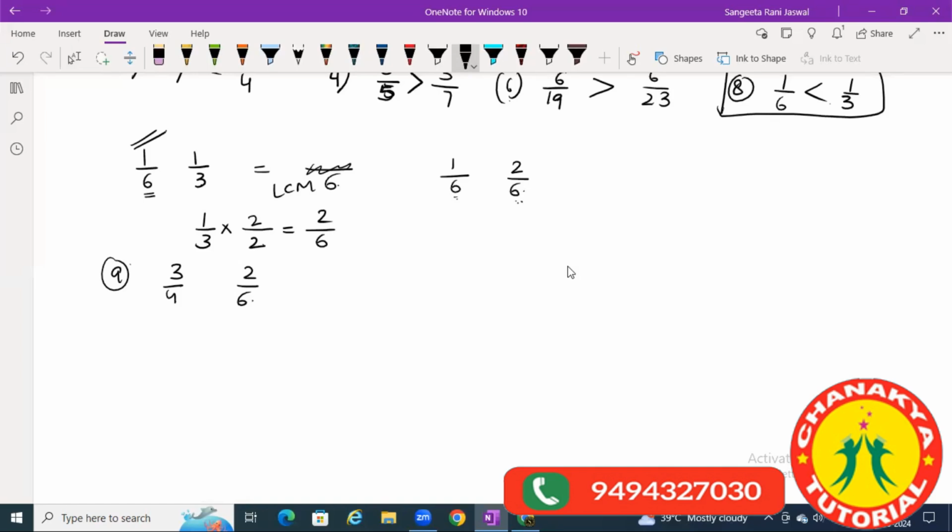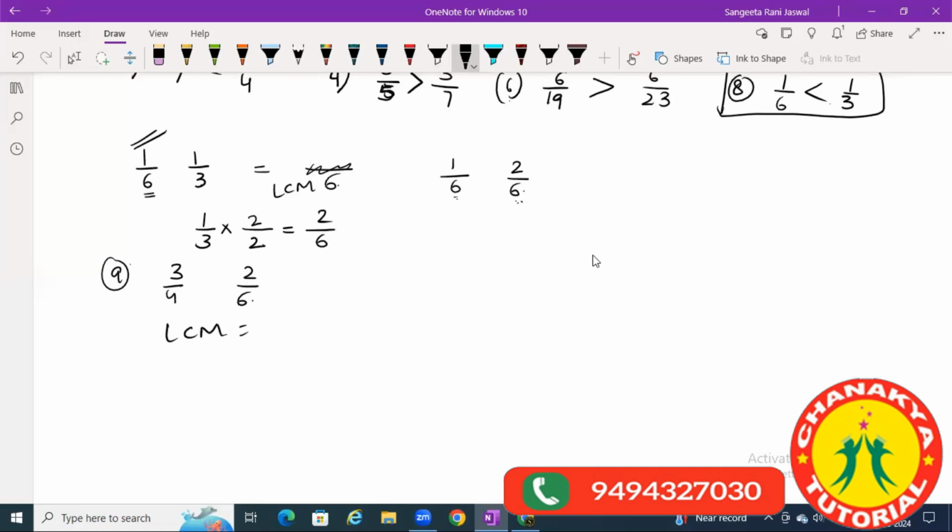Do it. The LCM is 12. LCM is how much? 12. Yes, ma'am, 12.